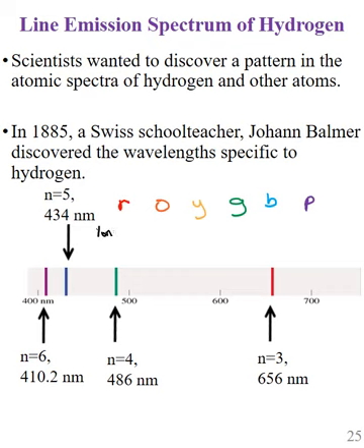Red would have the longest wavelength, and purple would have the shortest. Now you need to know that. You also need to know which one will have the higher energy. So which one does, red or purple? Purple will have the highest energy. Red will therefore have the lowest energy.